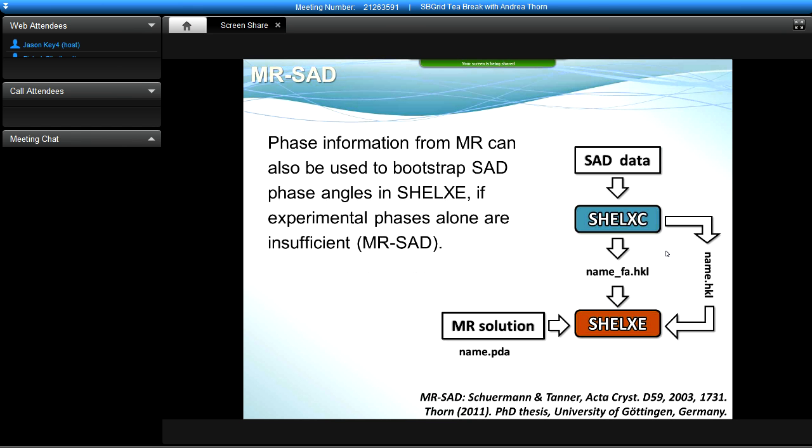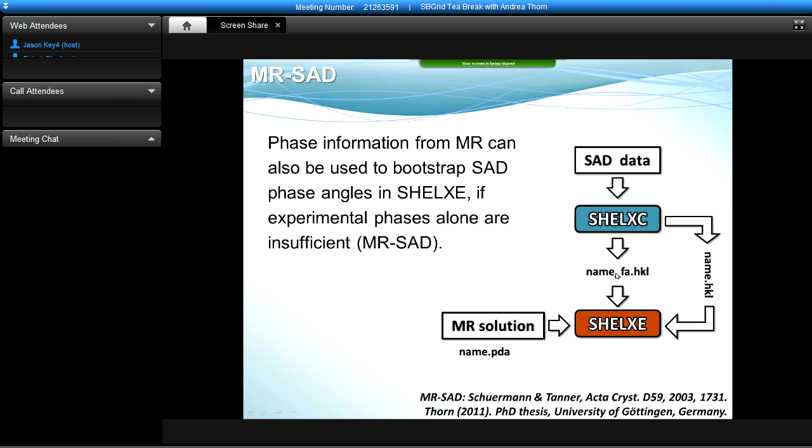You can also employ SAD data in addition to the MR data to do MR-SAD, to bootstrap weak SAD signals with an MR solution. In this case, you put your SAD data into SHELXC as if you wanted to do experimental phasing.